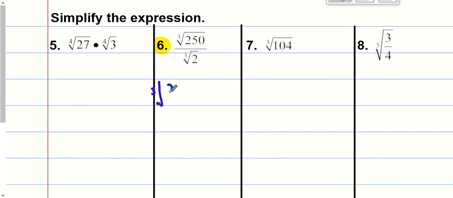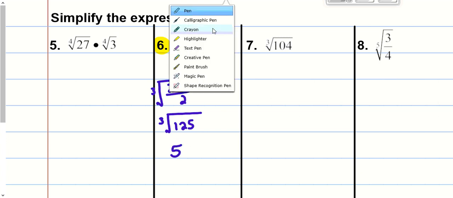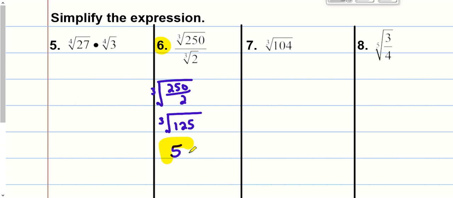The cube root of 250 divided by 2. Well, 250 divided by 2 is 125, so now I have the cube root of 125. And if you put that in your calculator, you get 5. So there are fractions that work out simple, just like that.